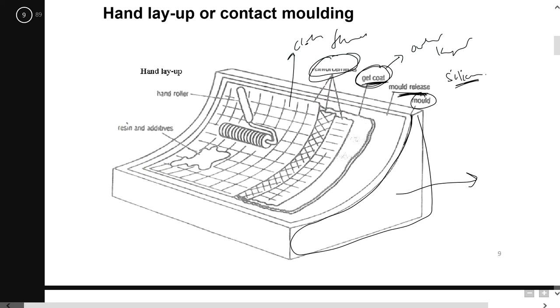Then once you lay out each layer by layer to acquire a certain thickness of your material, you add in your resin and additives. I believe you add in that first. Once you add in your resin and additives, I believe it is to create an outer layer to protect the fibers also.